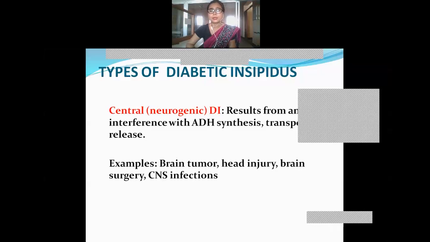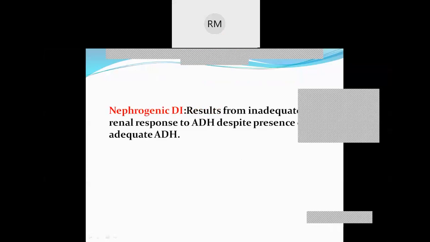But in this case there will be no reabsorption, so the patient will have polyuria. Polyuria means excessive urination. Okay, so is it clear, central DI? Yes, ma'am. Okay, then I'll proceed with nephrogenic DI.